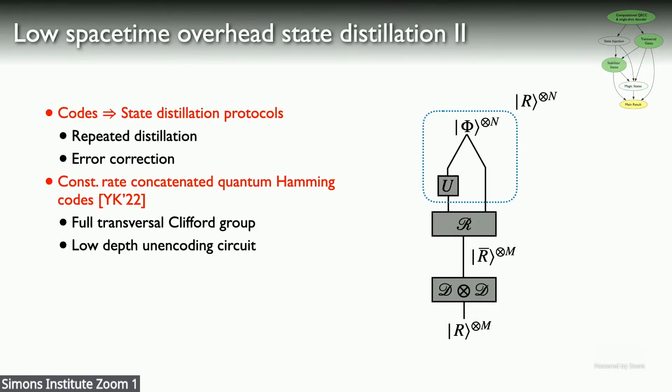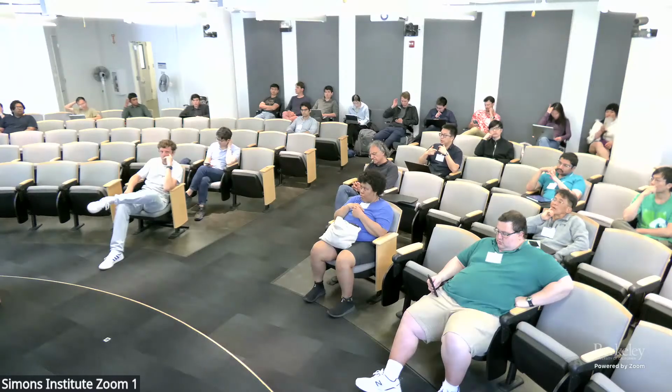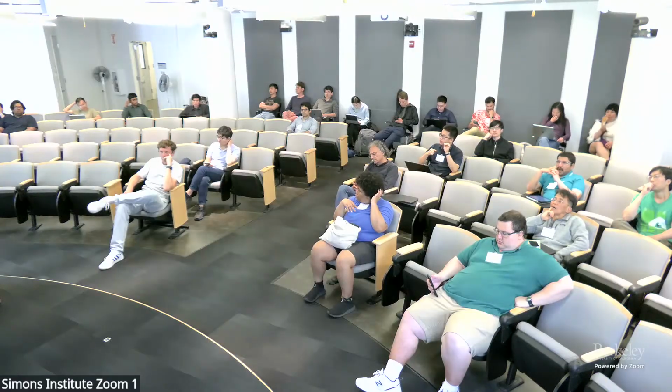Okay, so, yes. Just want to make sure I understand correctly. So the states that are being distilled here and later used in teleportation, this is a single qubit H or S gate at a time, right? That's right. Yeah. So in some cases, for example, the resource state for rotation, it's actually going to implement a full permutation.